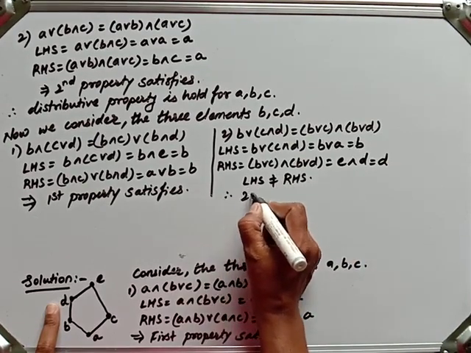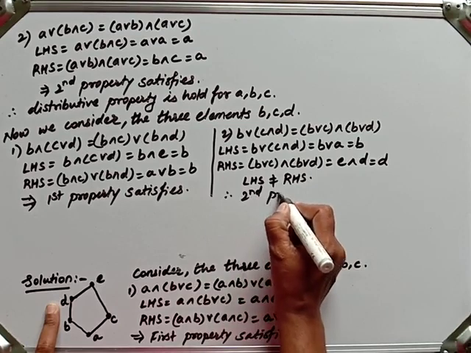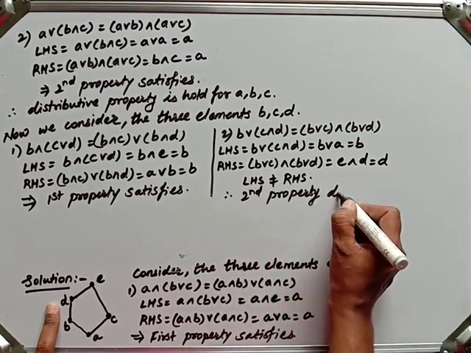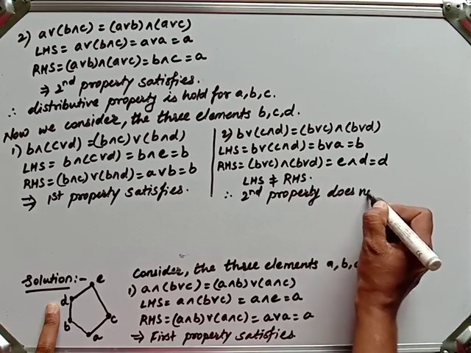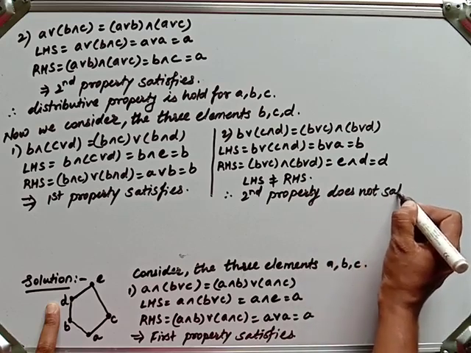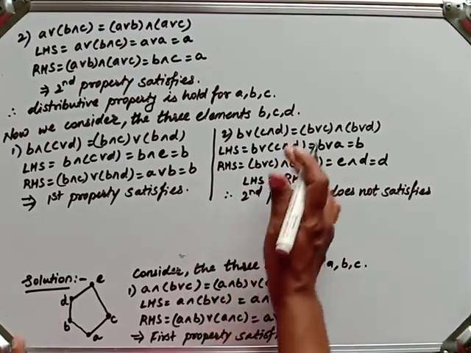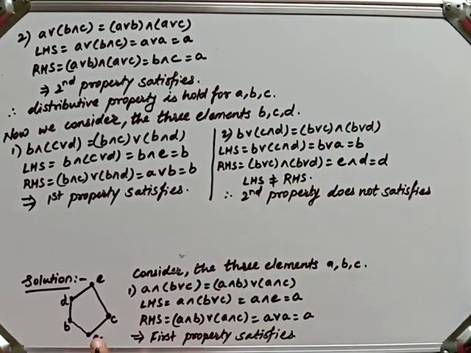Therefore the second property does not satisfy. So the first distributive property is satisfied for this triplet, but the second doesn't hold for this triplet in this Hasse diagram.